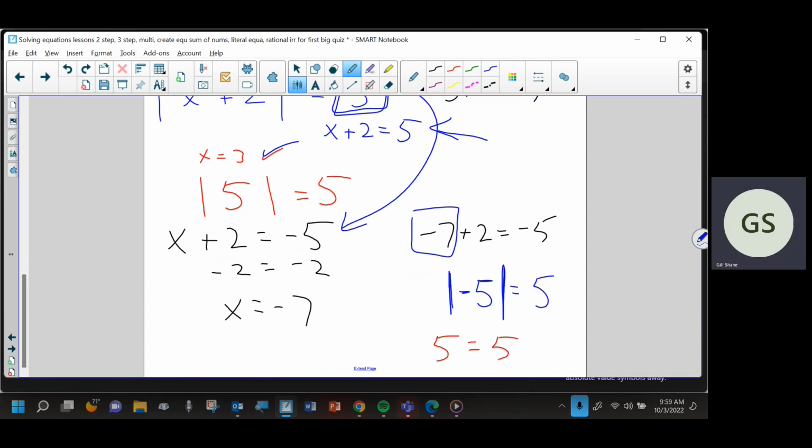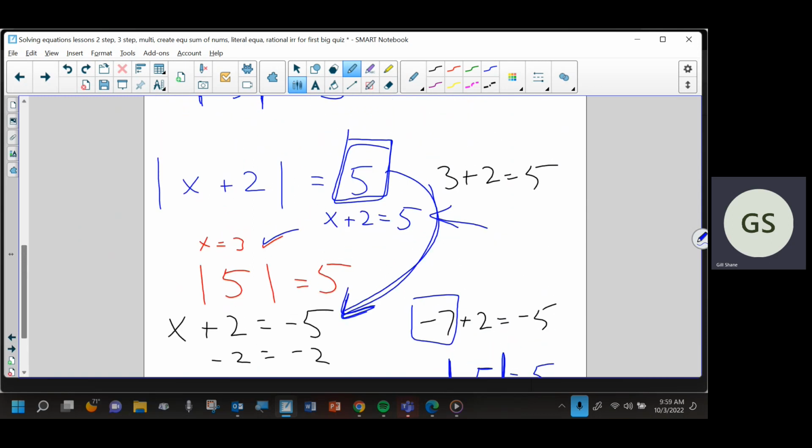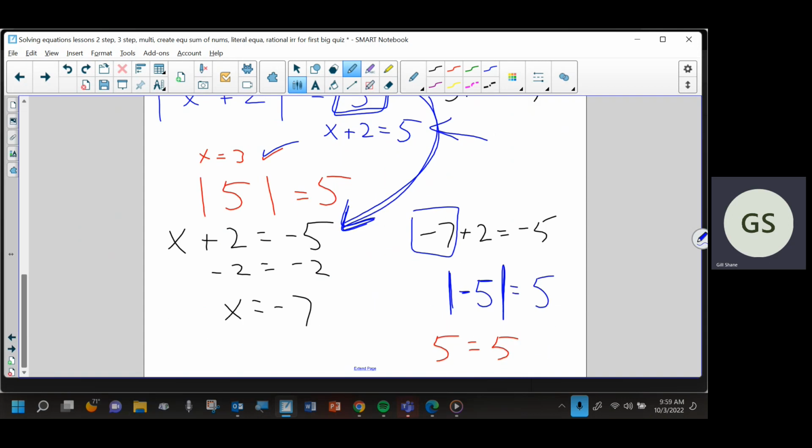Then solve the equation again, but change the answer in the original problem to a negative number. So instead of positive 5, I changed it to negative 5. Then I just solved out for x. So you'll get 2 answers. Your final answer to the problem is x equals 3 or x equals negative 7.